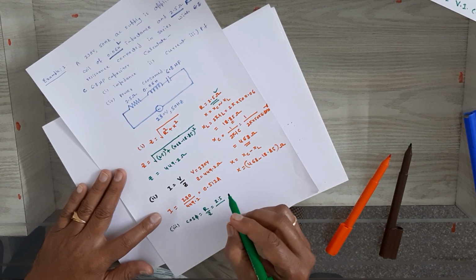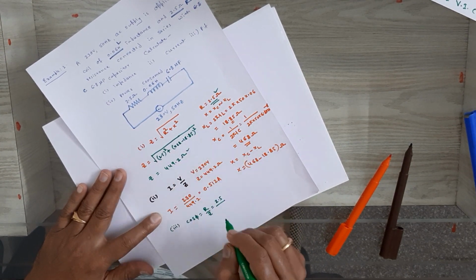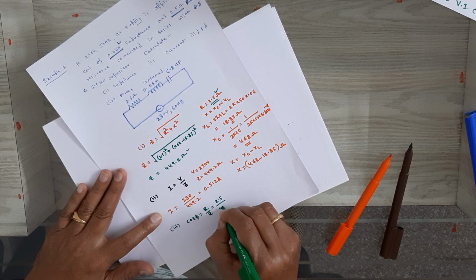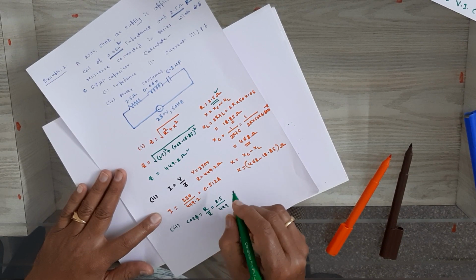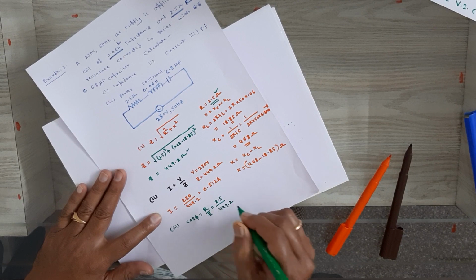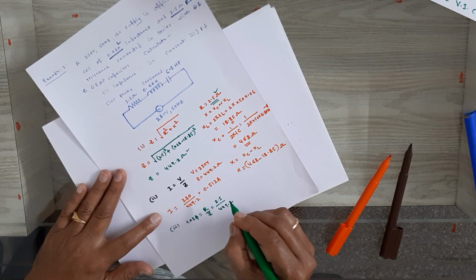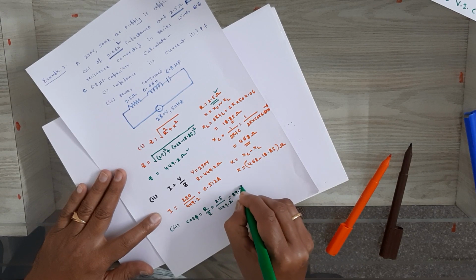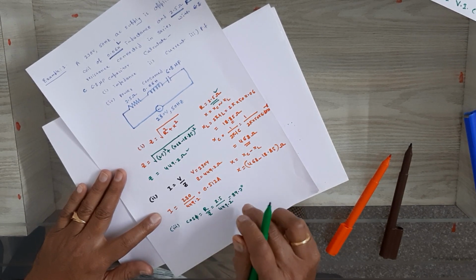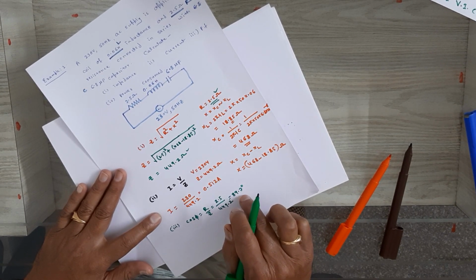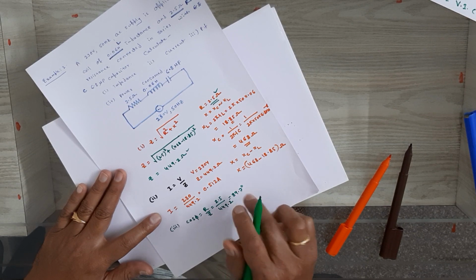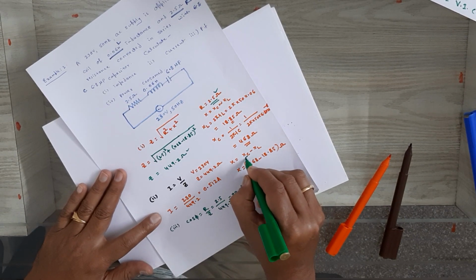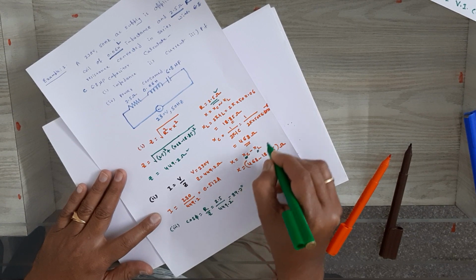The Z value was calculated already, that is 449.2. What we are getting here is 89.7 degree.